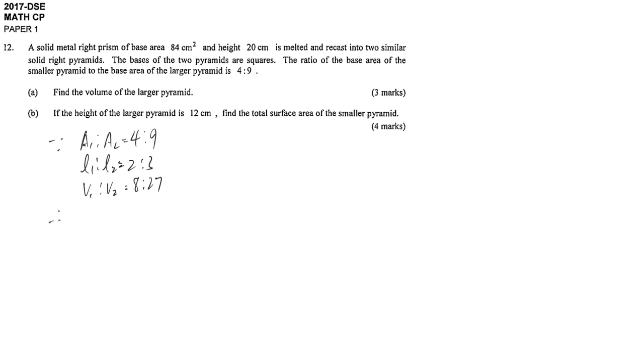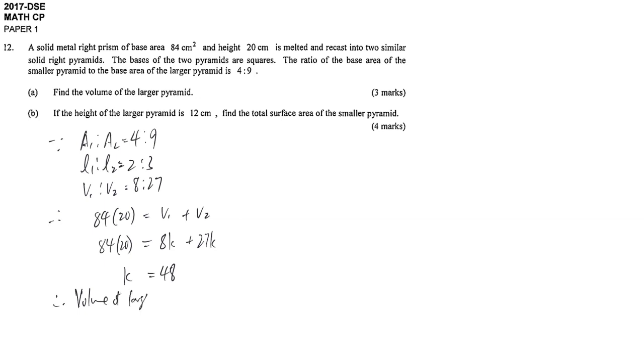Therefore, 84 times 20 is equal to V1 plus V2, which is 8K plus 27K. Then we get K is equal to 48. Therefore our target is equal to 27 times our unit 48. We get 1296. That's how you finish part A.